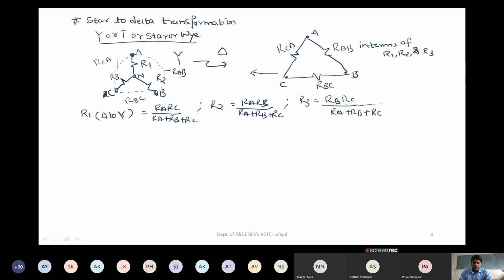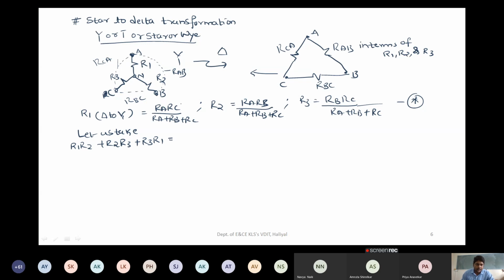Considering all these three equations, if I call this equation star, let us take the value of R1 into R2 plus R2 into R3 plus R3 into R1.